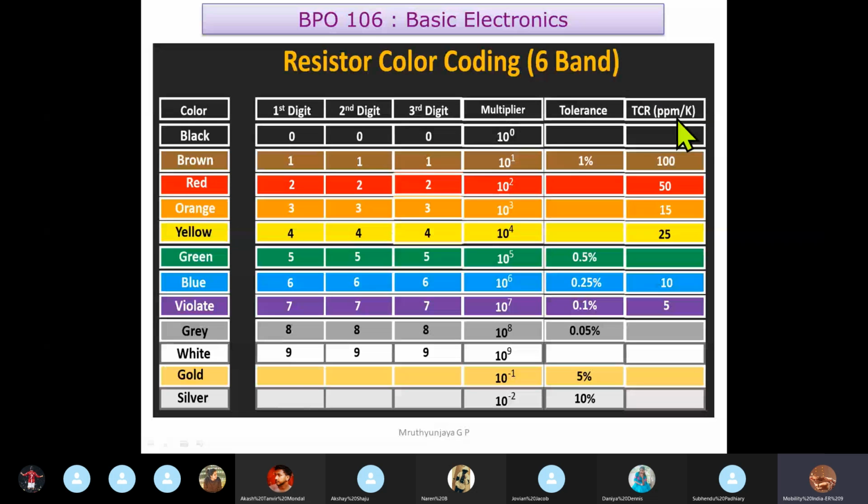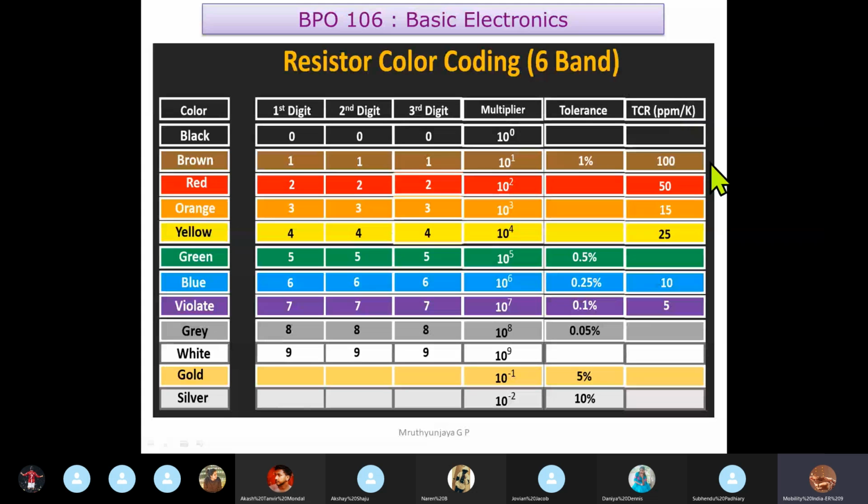So in this case, brown stands for 100 ppm. That is, the variation of this resistance can be 100 in 10 lakhs for every degree change.